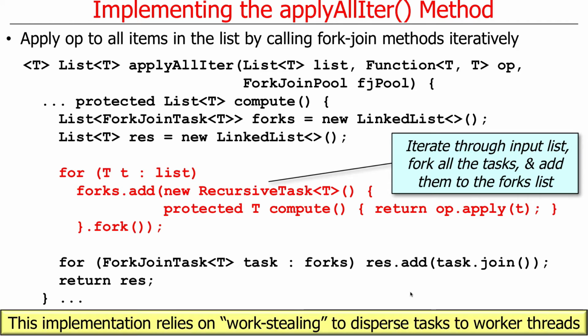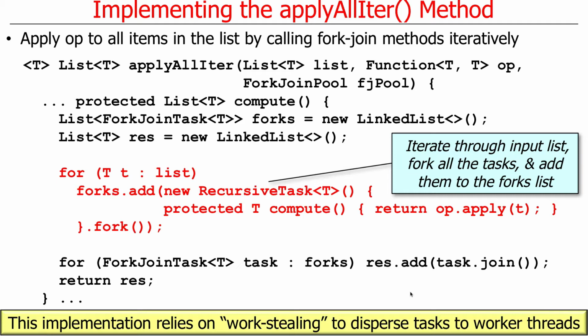So this implementation, this is really important to understand. In one thread of control, we're going to fork every other task, not every other thread. So this one thread will fork all the other tasks. I'll show you a visualization of this in a second.